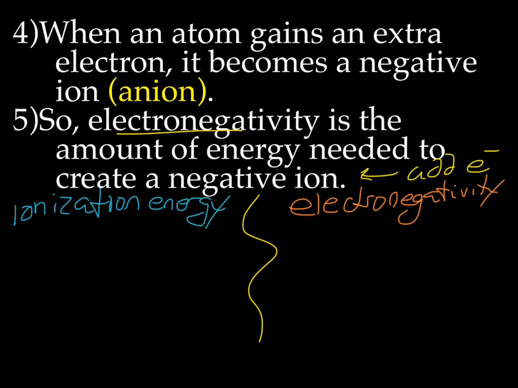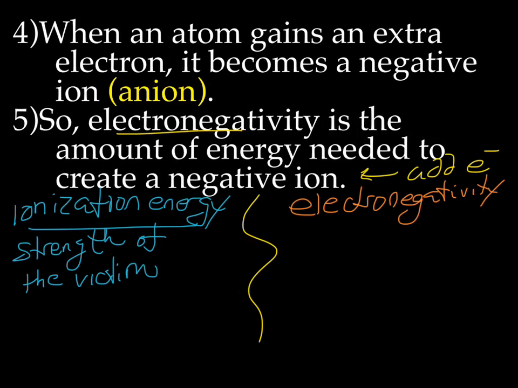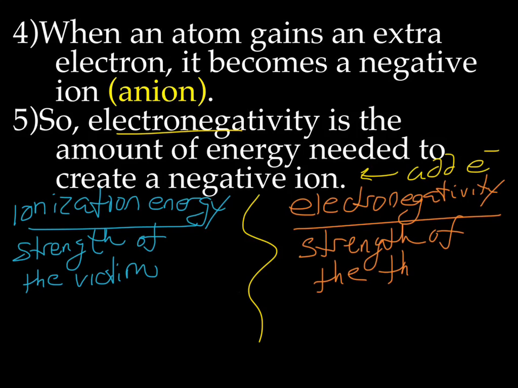Okay, so I think of ionization energy as looking at the strength of the victim. Okay, and I think of electronegativity as looking at the strength of the thief. Okay, what they both want, by the way, is electrons. That's the hot commodity in the atom world.